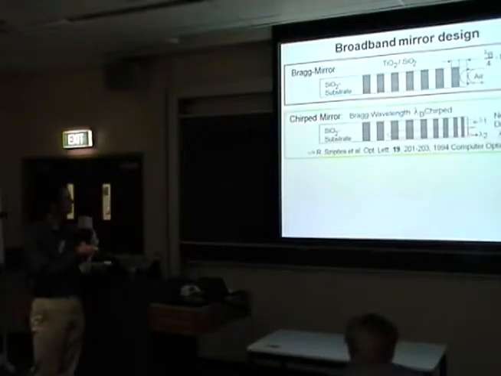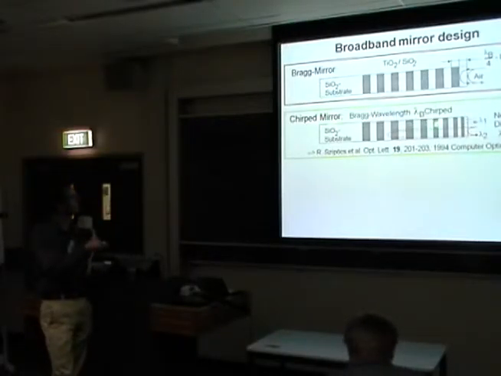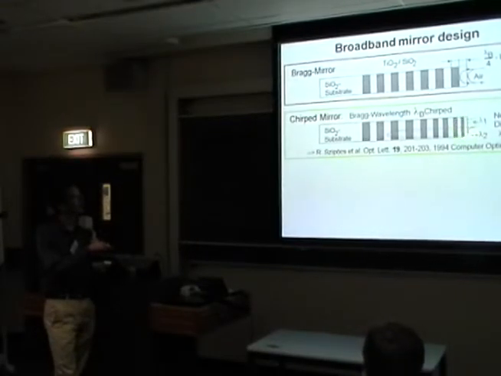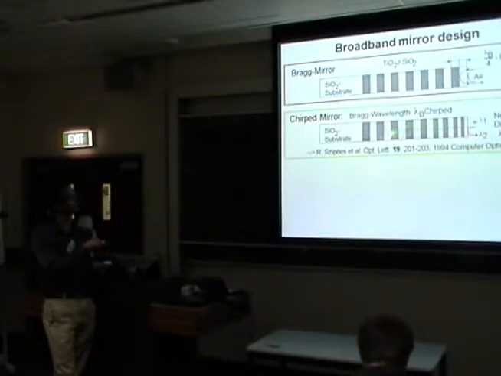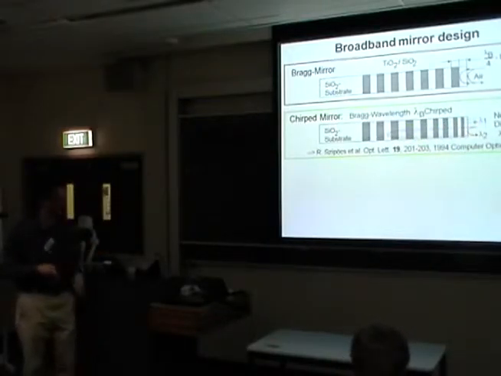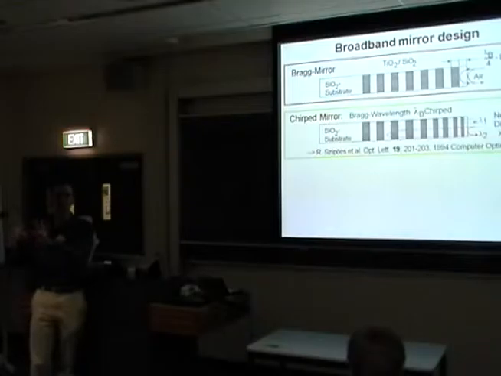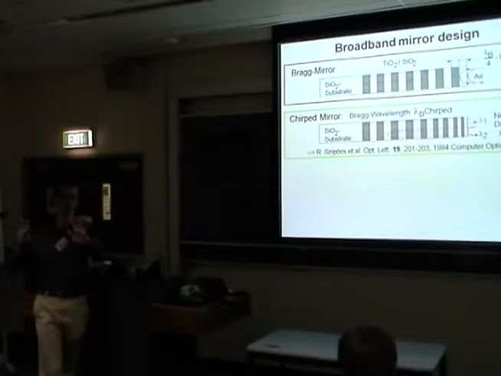And so an idea was to do a chirped mirror, so I can design the point where the light gets reflected. See, here I have a Bragg stack, but with much shorter periodicity than over here. Well, that's good, because now I get reflection of blue light at the surface of the mirror, and I get reflection of the red light much deeper inside of the structure, so I can actually delay the red with respect to the blue.